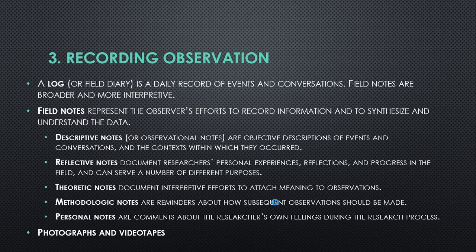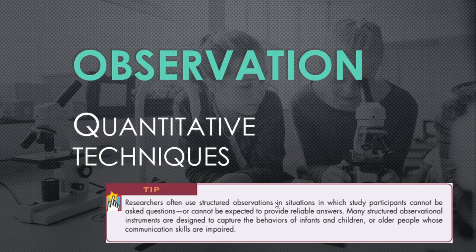Okay, let's move on to observation in the quantitative techniques. Researchers often use structured observation in situations in which study participants cannot be asked questions or cannot be expected to provide reliable answers. Many structured observational instruments are designed to capture the behaviors of infants, children, and older people whose communication skills are impaired.